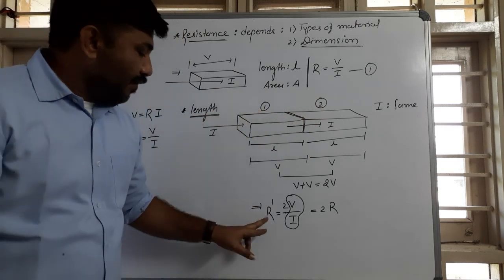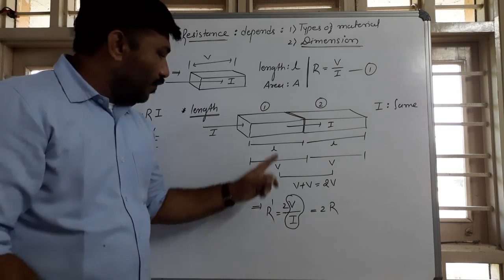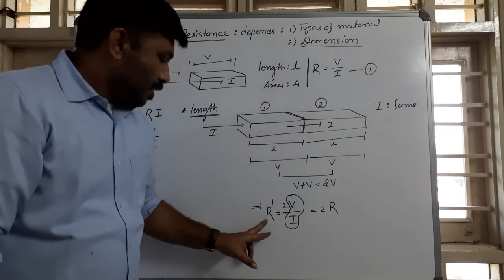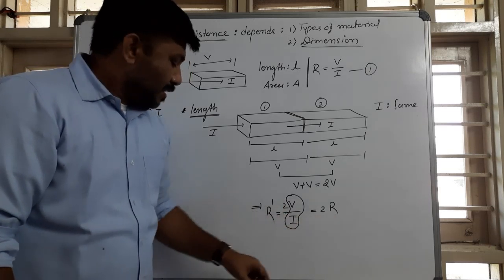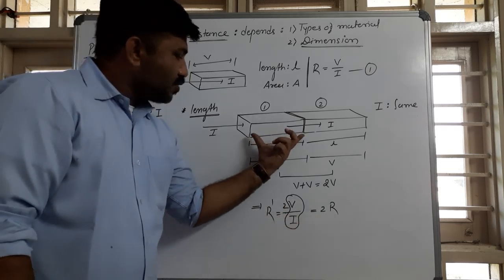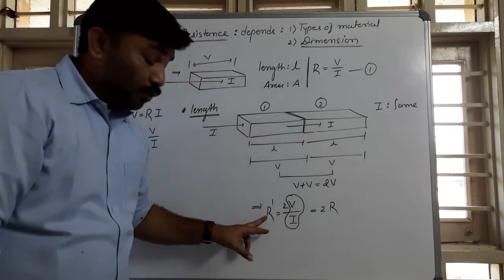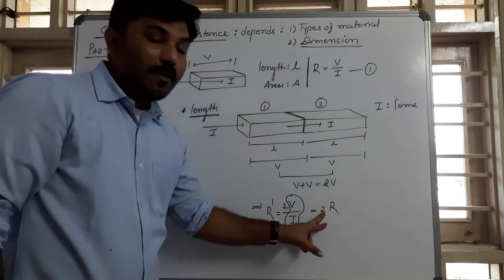So if we want to find the effective, total resistance of this type of conductors, you will have 2R. By joining two conductors of equal length, the total resistance of this combination becomes double.